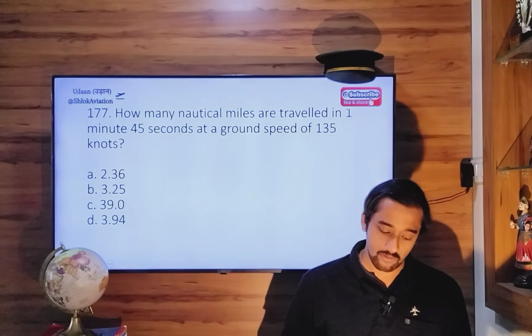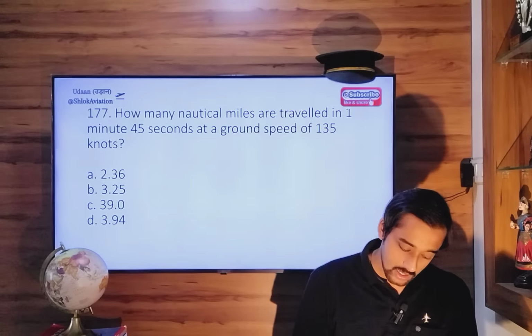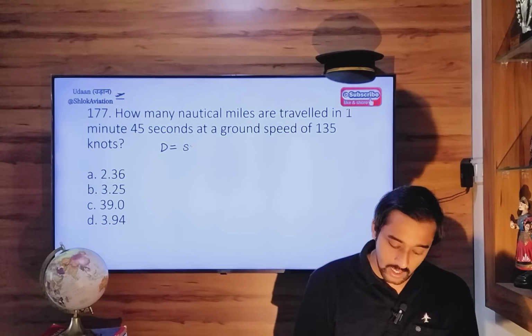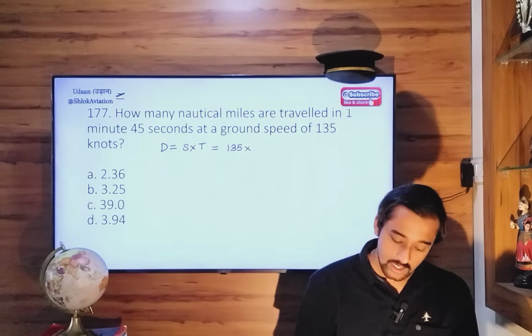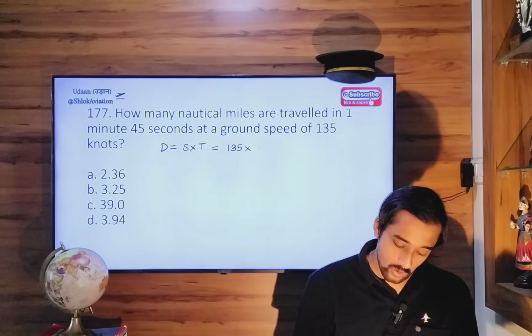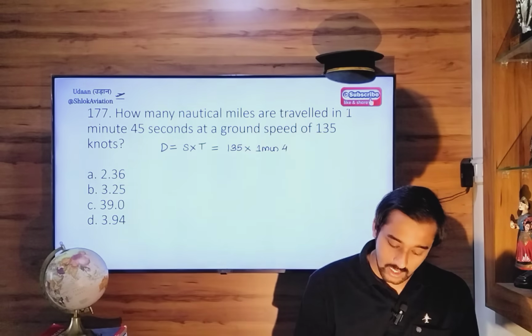177. How many nautical miles are traveled in 1 minute 45 seconds at the given speed? So distance is equal to speed into time. Speed is 135 knots. Time is 1 minute 45 seconds.